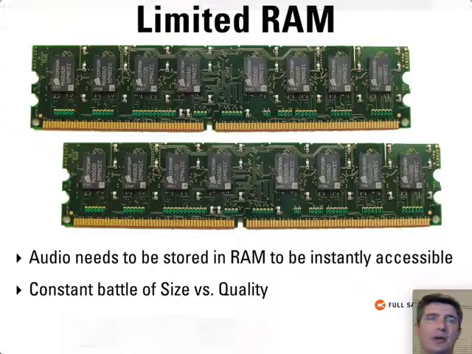So we're going to talk about a couple of these different ideas. The first one is RAM, the limited amount of RAM available. My computer has 16 gigabytes of RAM on it. You might have 4 or 8 or 12 or 16.